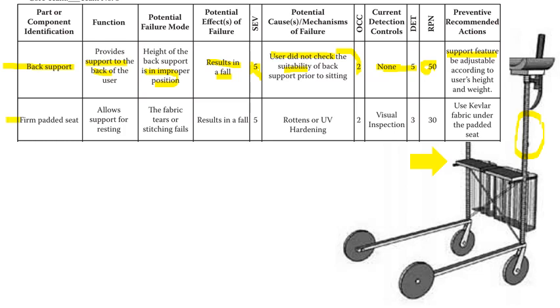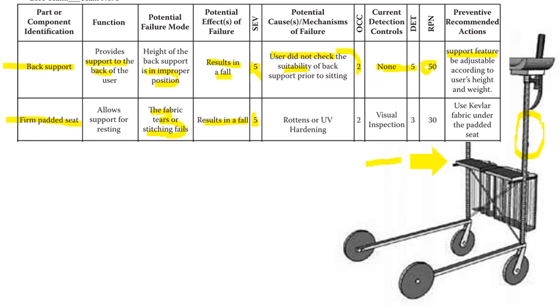Now the second component here is the seat itself. This is the place where the user will sit down. The potential failure mode is that the fabric will tear or the stitching fails, such that it results in a fall. Again, the severity is high because if people fall from this walker, it is hazardous, very dangerous.